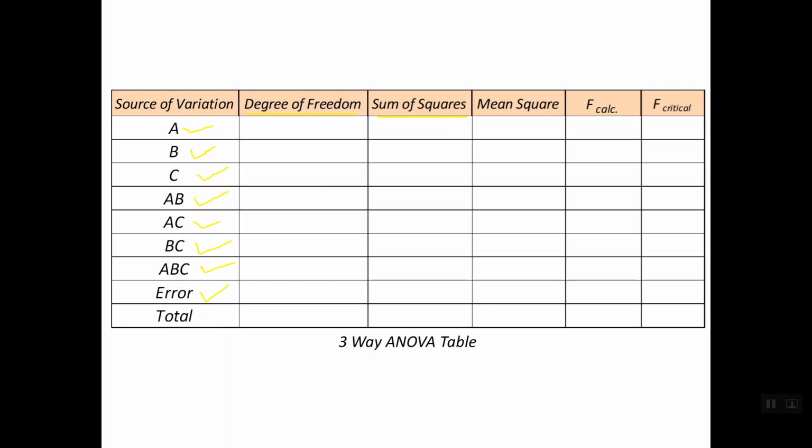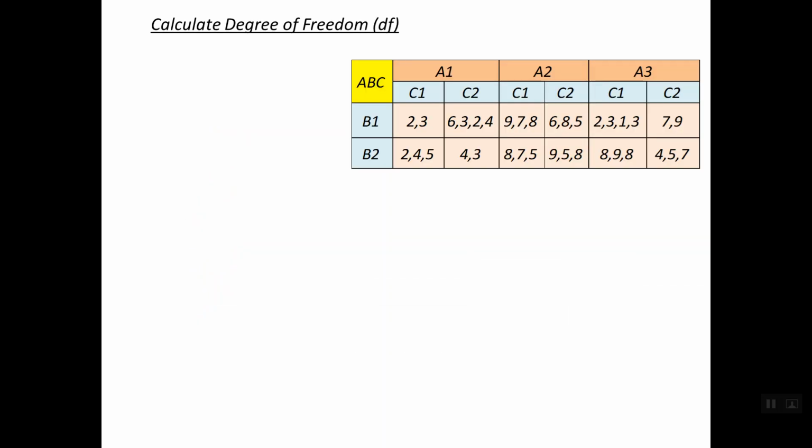Then we need to calculate the mean square MS. Then we will determine the value of the critical F and compare it with the calculated ones in order to make the conclusion. So we need to fill all of these cells inside this three-way ANOVA table. Let's start with the calculation of the degree of freedom.